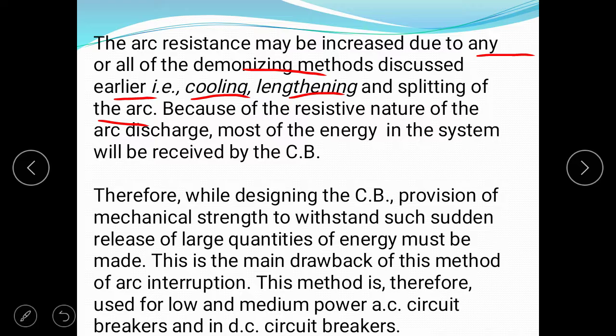Second is lengthening. Lengthening means by increasing the distance between the contacts of circuit breaker, we can reduce the arc between the contacts. And next is splitting. Splitting means we have to split the arc into the sections. So, to serve this purpose, arc splitters are required.